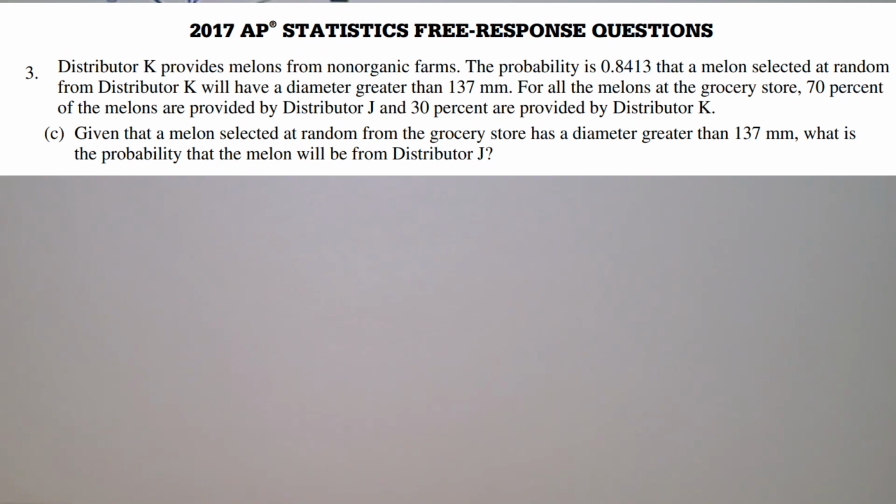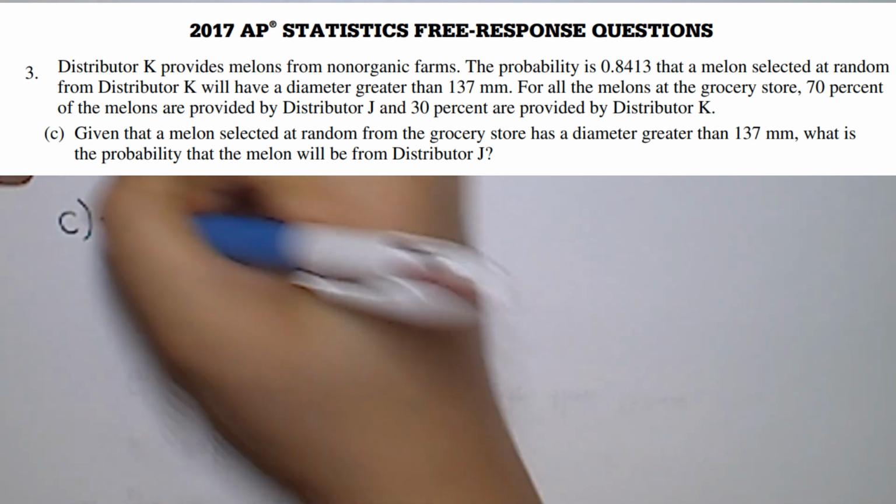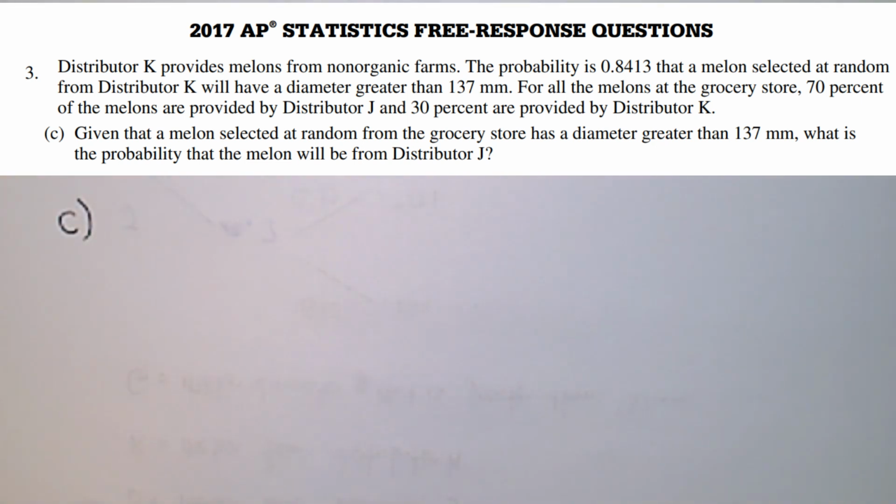Part C. Given that a melon selected at random from the grocery store has a diameter greater than 137 millimeters, what is the probability that the melon will be from distributor J? So part C is a conditional probability. They said they want the condition being that the melon from the grocery store has a diameter greater than 137.